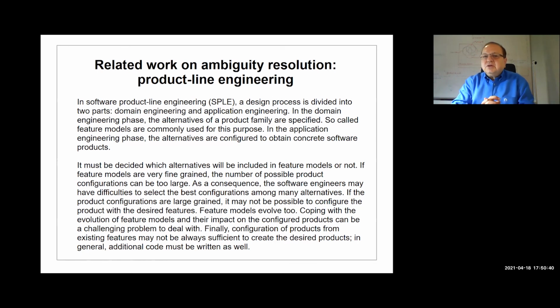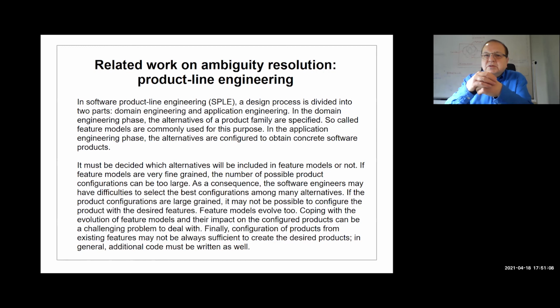As a consequence, the software engineer may have difficulties selecting the best configuration among many alternatives. On the other hand, if the product configurations are large-grained, it may not be possible to configure the product with the desired features, because you don't have the right granularity, possibly.